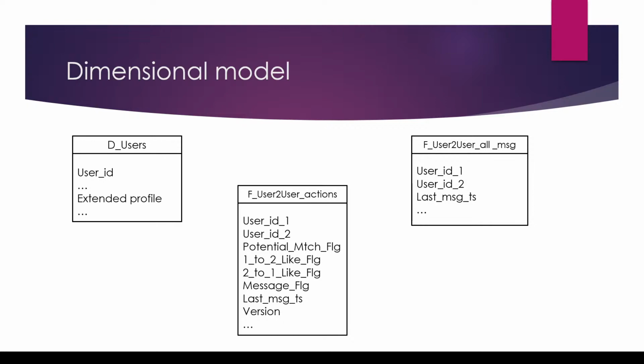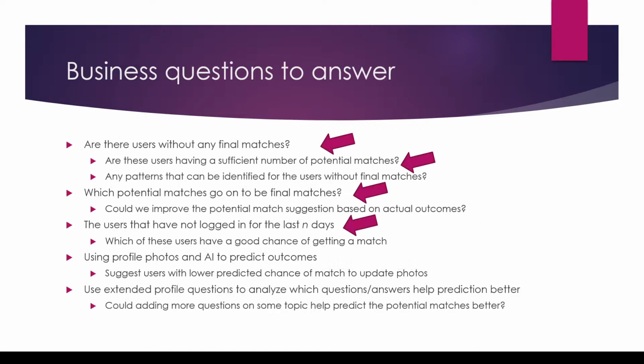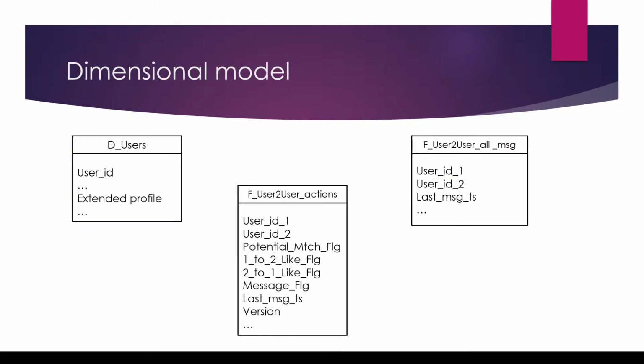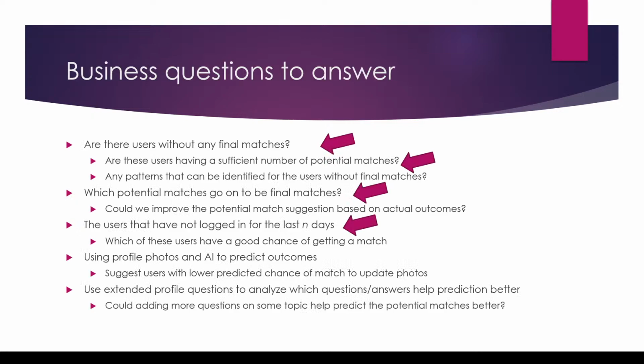And if we find any user IDs in the dimension table which don't have this criteria, then those are the user IDs that have no final matches. So to find potential matches, we can do a similar query. So these kind of queries could essentially be done.